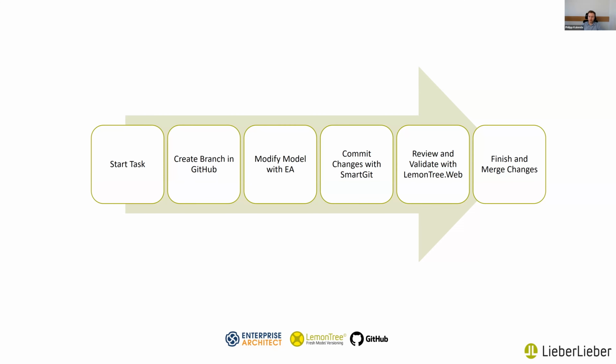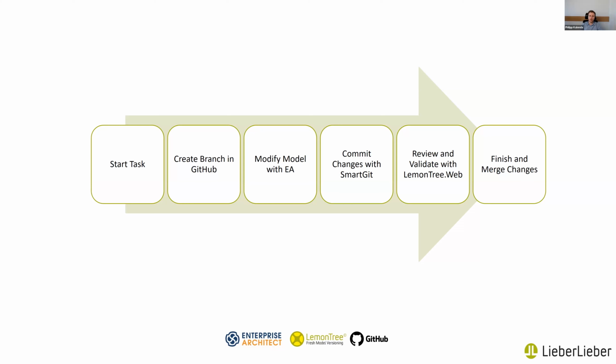And then we will show you one of the main focuses of LemonTree 4.0, which is the reviewing capabilities. The changes of the Git commits can be reviewed and validated with LemonTree Web, in a browser-based fashion with GitHub commands. You can see what has changed, and it's much easier to perform the reviews in a browser-based way. At the end, the review is finished and the changes are merged.